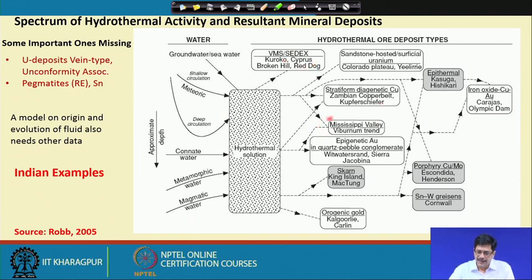And the Mississippi Valley type deposits are also a very interesting class of deposits displaying very peculiar fluid characteristics, and the copper in the red beds like the Kupferschiefer, at the juncture of the red bed and the black shales, where the Zambian copper belt and the Kupferschiefer are not well represented in the Indian context as well.